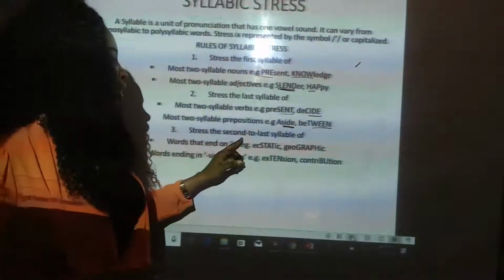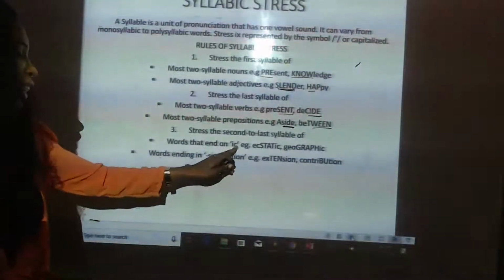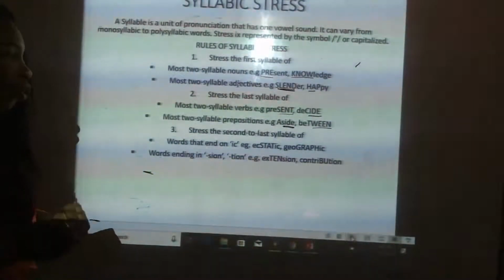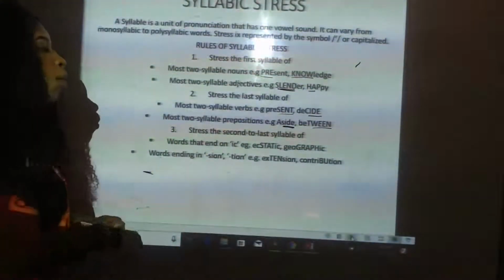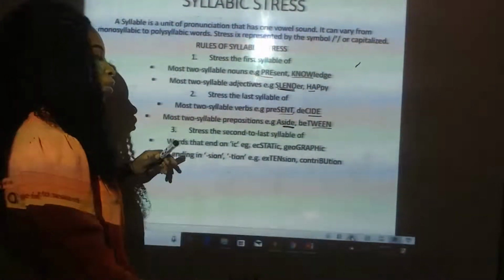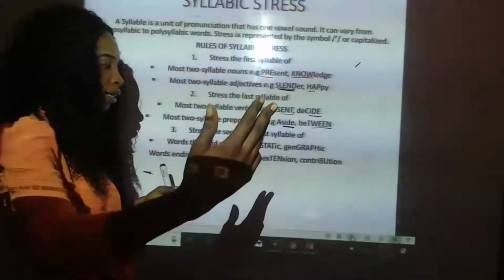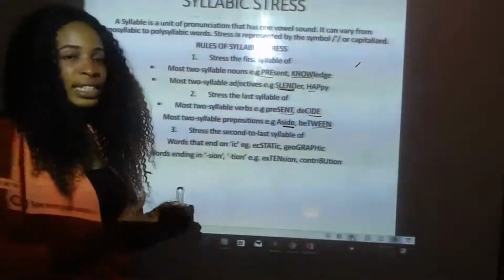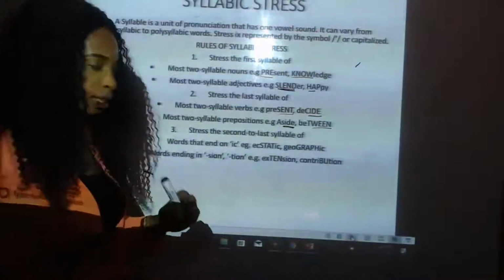3, stress the second to the last syllable of words that end in IC. Any word that ends with IC must be stressed on the second to last syllable. That means you count from the back. The second to the last sound segment should be stressed.